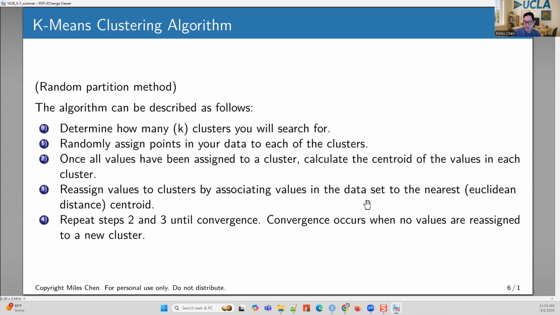And which value is the nearest? We're using Euclidean distance. You could technically use other distance metrics. I think there's k-medoids clustering, which doesn't calculate means, but uses median points, medoids.